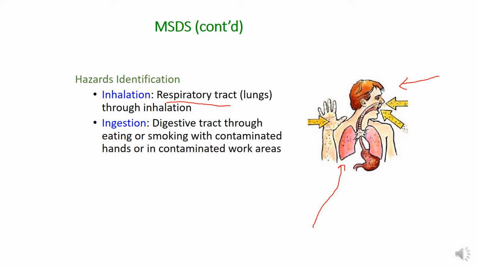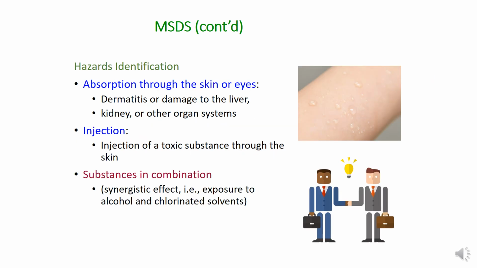And if the chemical enters through digestion, it means you are eating something without washing your hands, or your hands were contaminated, so by eating it can go to your stomach. This information is also mentioned in MSDS documents.